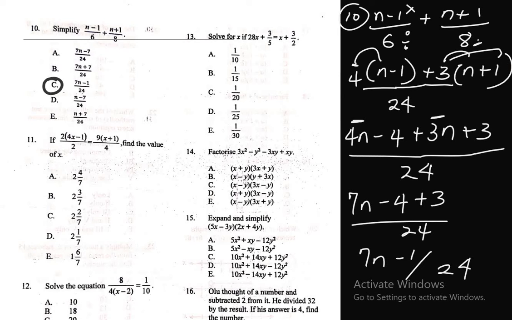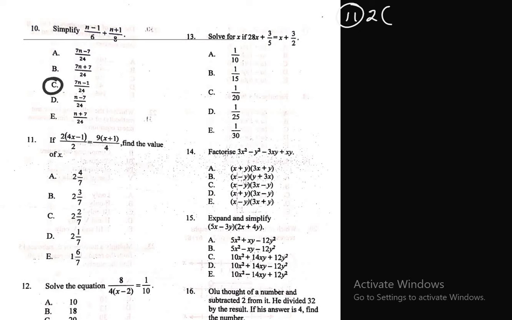Alright, let's move over to question 11. To solve question 11, so let me write it out first. 2 brackets 4x minus 1 close bracket divide by 2 equal to 9 bracket x plus 1 close bracket divide by 4.